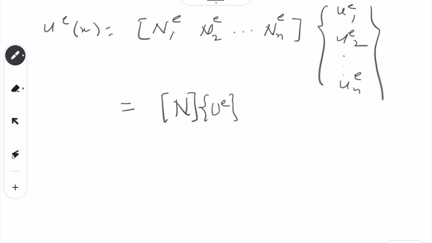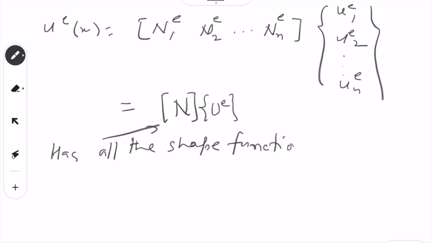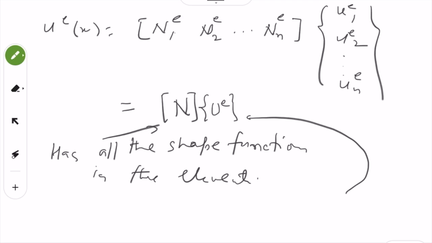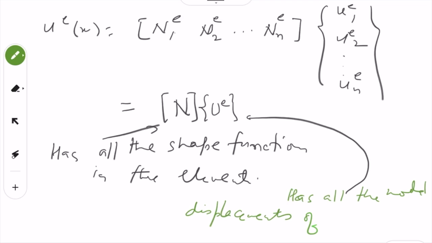So, this N matrix has all the shape functions in the element, and u^e has all the nodal displacements of the element.